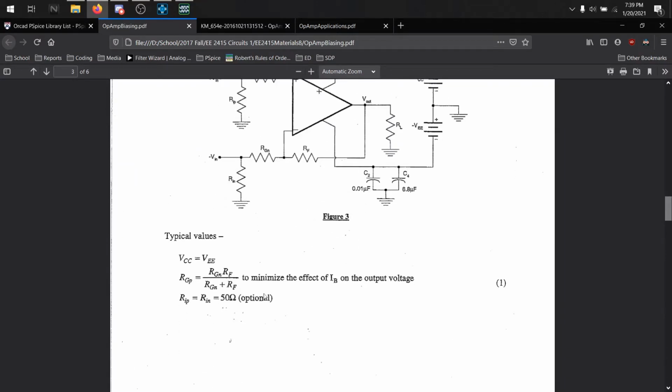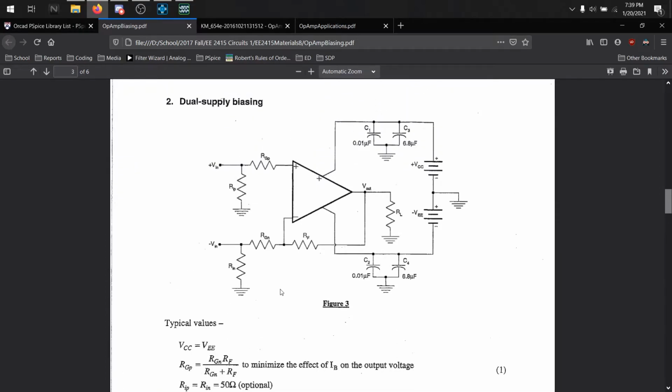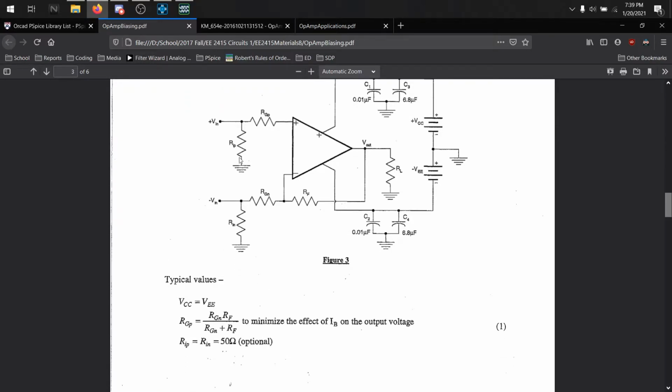So remove RIP and RN, right? So you want these two in parallel to equal RGP, right?